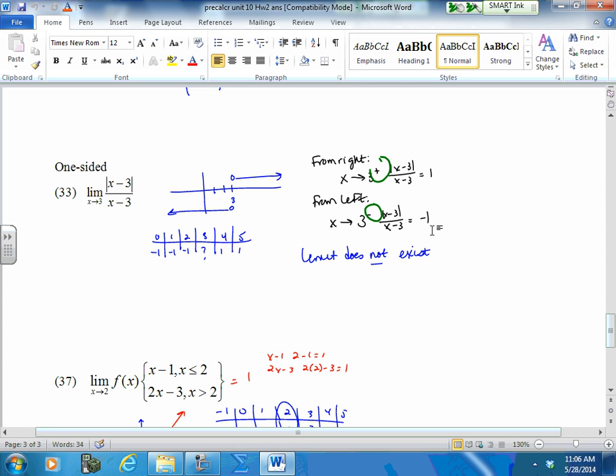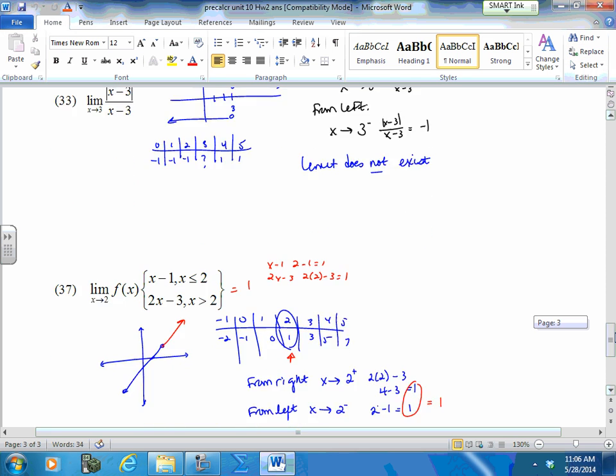We use a minus sign to say from the left as it comes from the negatives. The negatives approach negative 1. The positives approach positive 1. They don't have a point in between. The limit does not exist. If you graphed it, you'd see this.